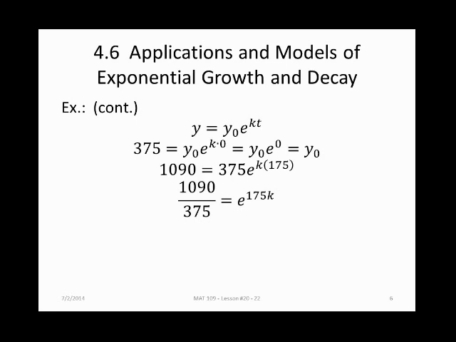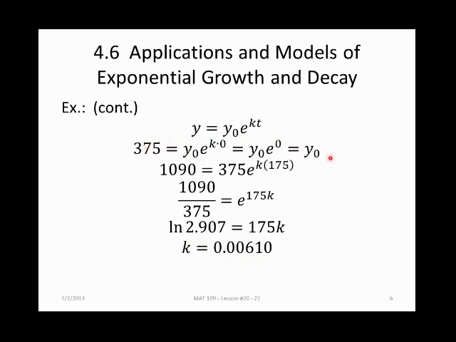Because we have base e, we're going to take the natural logarithm of both sides. And we get this equation. The logarithm of 2.907 is just a number. Divide that by 175, and we get k equals 0.00610.